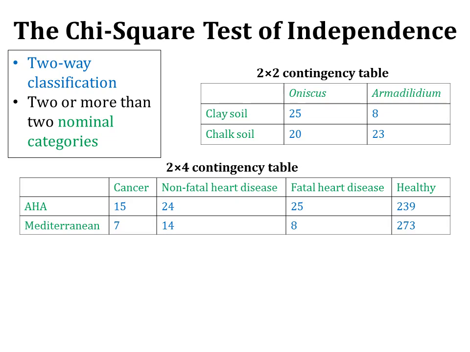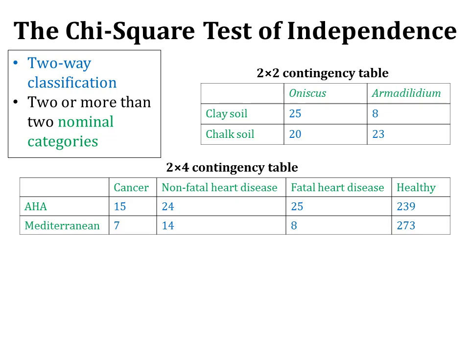Then 25 is the number of fatal heart disease cases on the AHA diet, and 8 is the number of fatal heart disease cases on the Mediterranean diet. Then 239 is the number of healthy individuals on the AHA diet, and 273 is the number of healthy individuals on the Mediterranean diet.